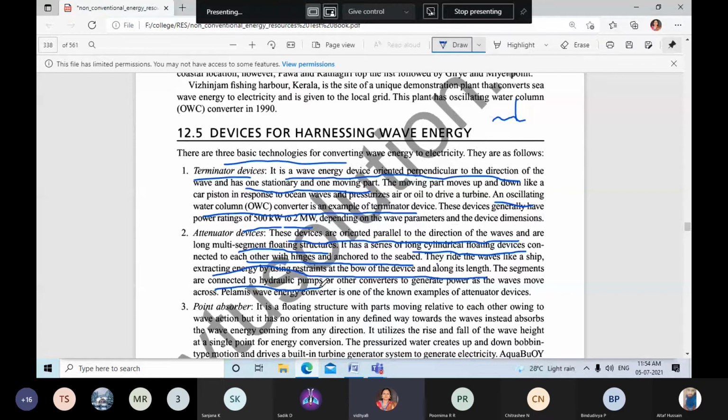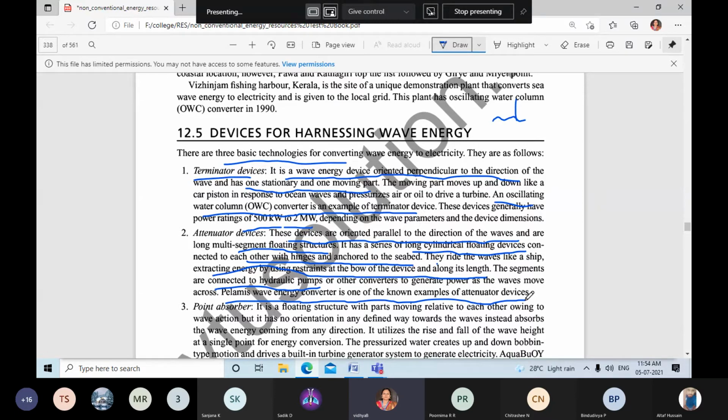The attenuator device is connected to hydraulic pumps or other converters to generate power as the waves move across it. Okay, here the Pelamis wave energy converter is one of the known examples of attenuator device. In terminator devices, the oscillating water column is the example, and here the Pelamis wave energy converter is the example for attenuator device.